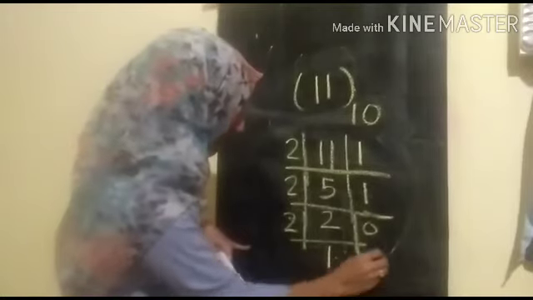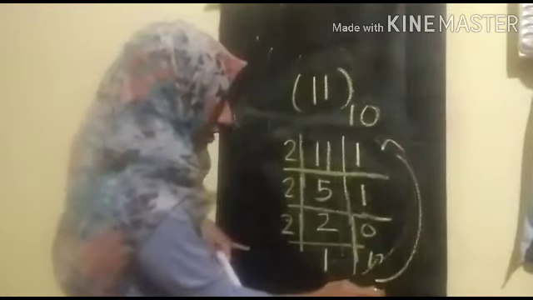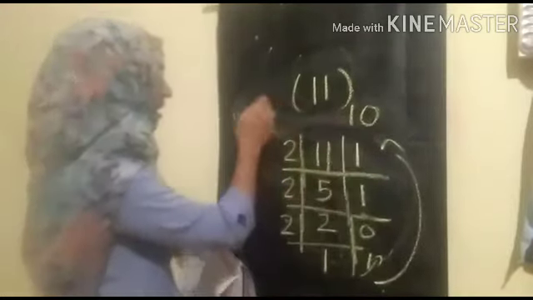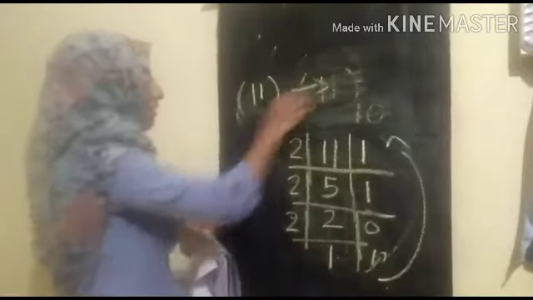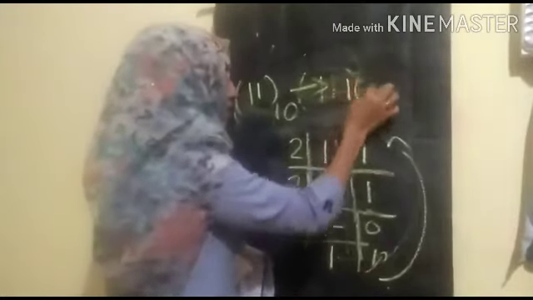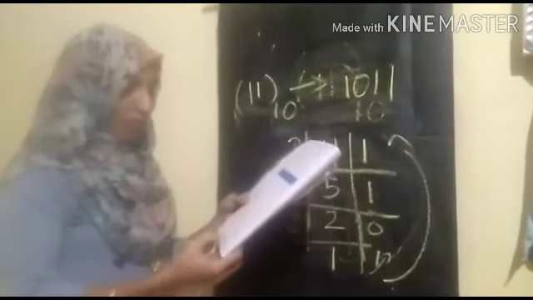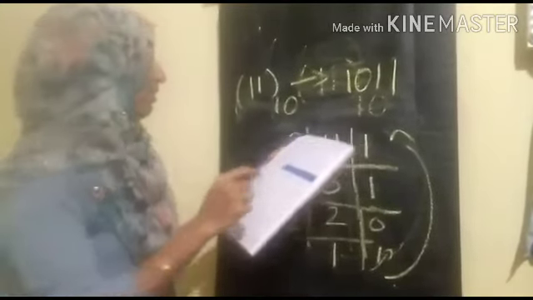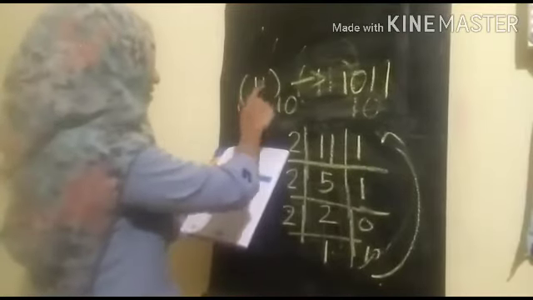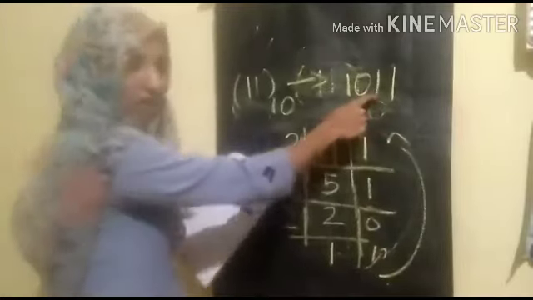Then write this 1 here. Then write down the answer down to up. The answer for 11 base 10 is 1011 base 2. You just open your textbook, page number 6, and look at table 1.1. The answer for 11 base 10 is 1011. You correct the answer.